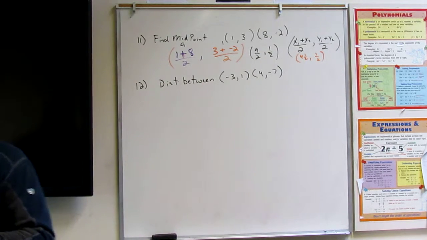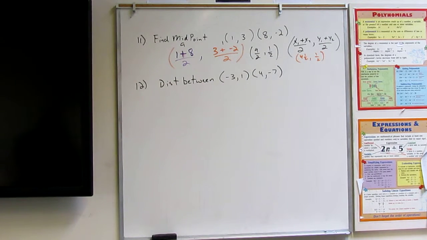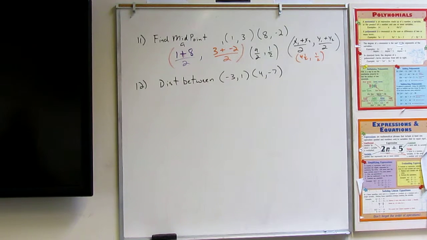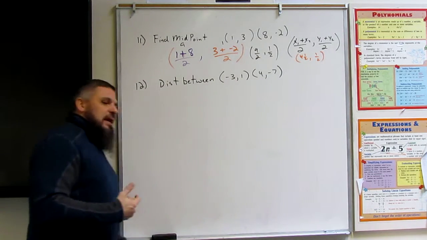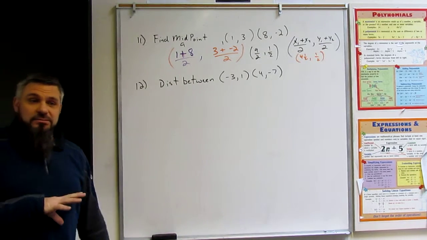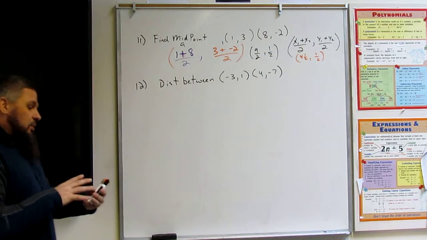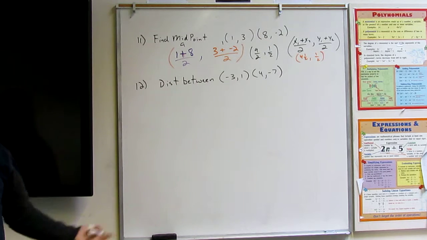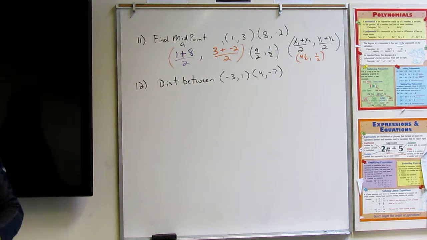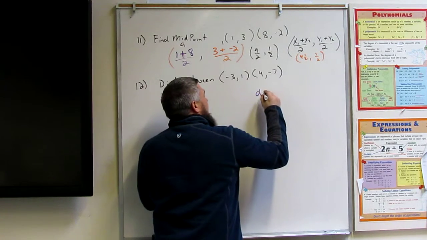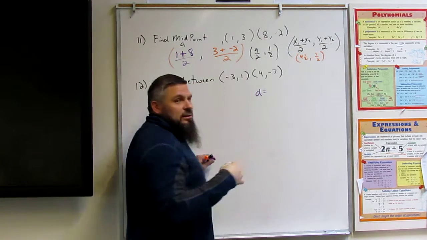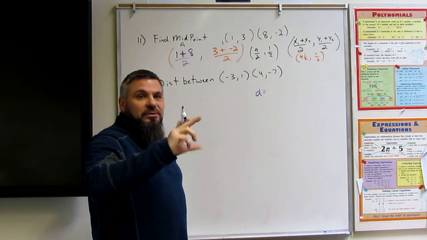Okay? The distance formula is a little bit more tricky. The distance formula, that's the one we flip it, smack it, rub it down. Now, you could just learn the formula and plug it in, and that's okay with me. The formula is that D is equal to the flip.